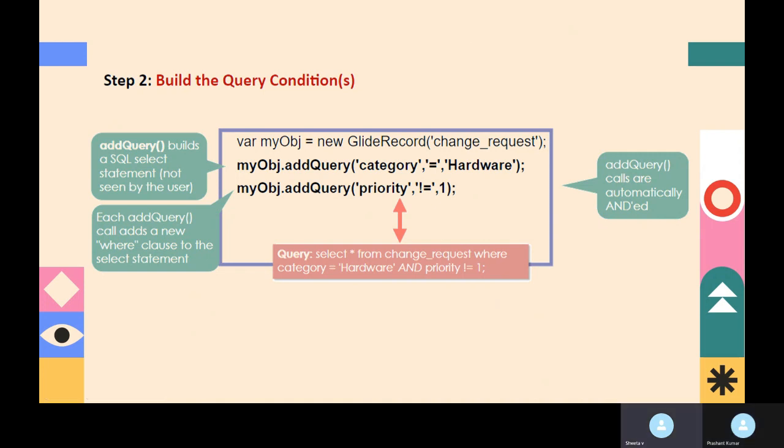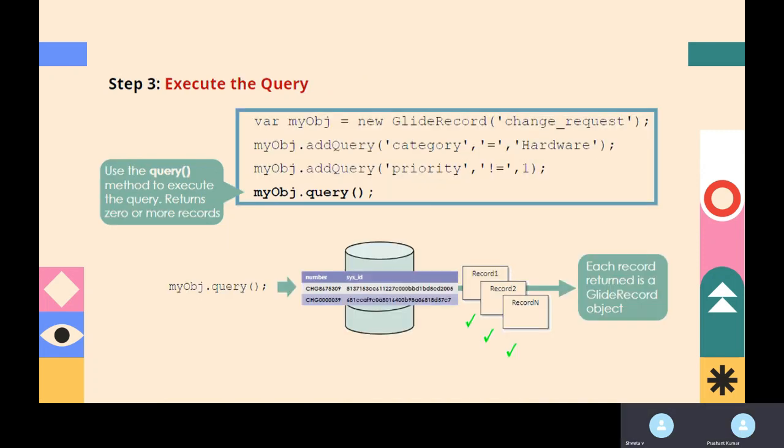Now the third step will be our query execution. Query execution is like we will take my object dot query. Writing this line will query that particular table with this condition. Now this is queried in the database.